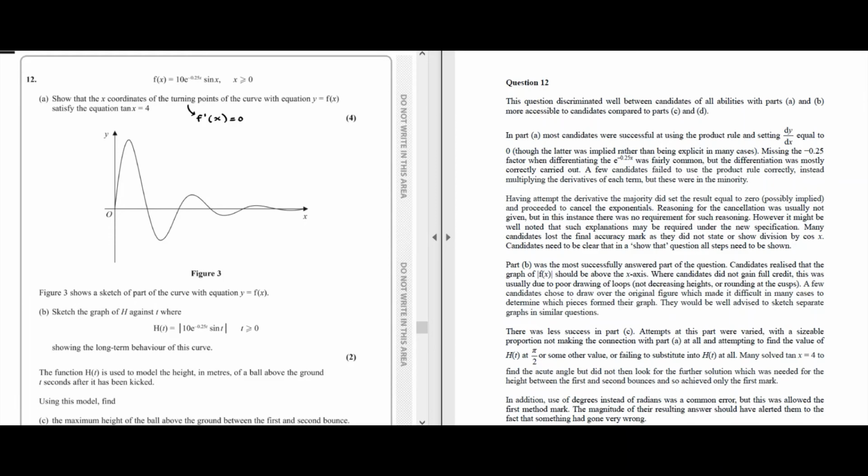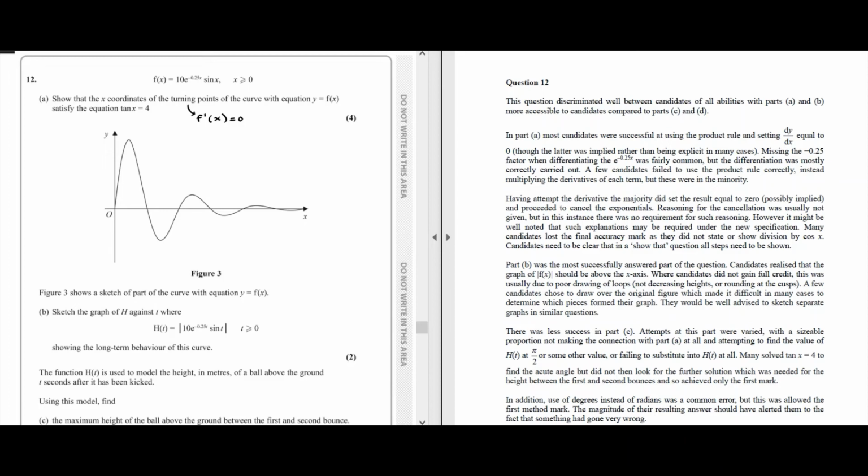However, it might be well noted that such explanations may be required under the new specification. Many candidates lost a final accuracy mark as they did not state or show division by cos x. Candidates need to be clear in a show that question, all steps need to be shown.